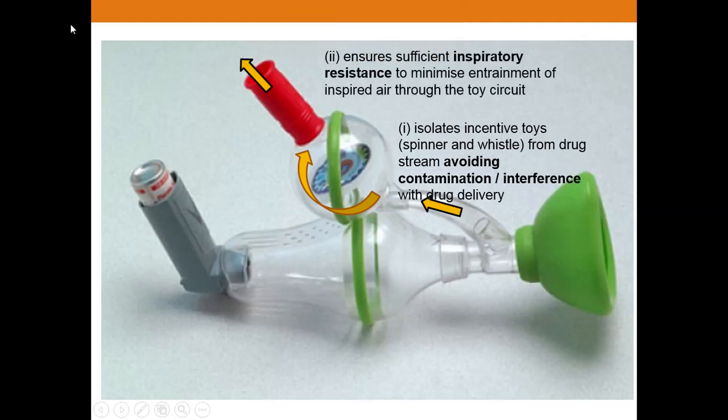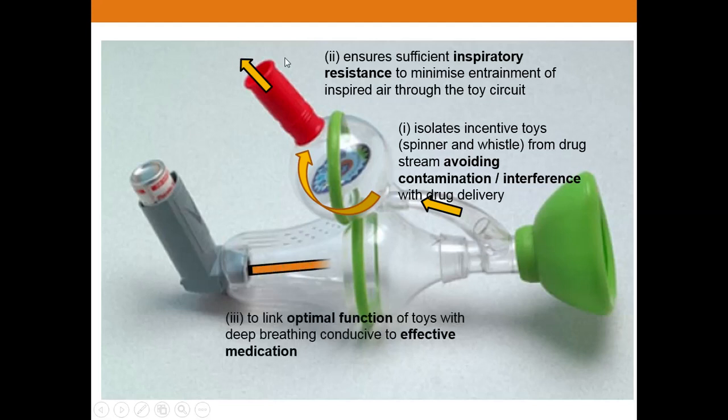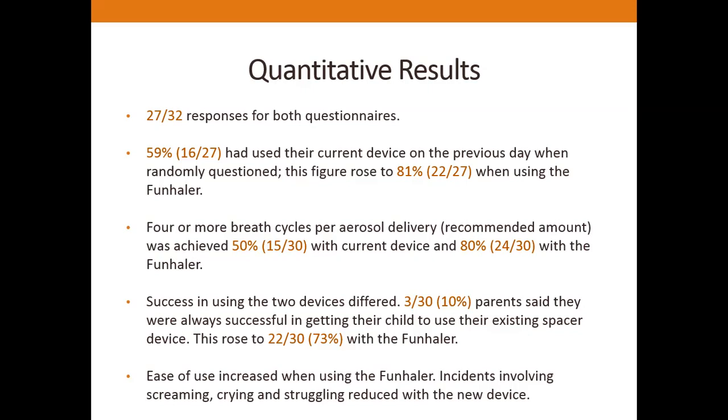It ensures sufficient resistance to minimise inspired air through the toy circuit, so there wasn't air coming in. Like I say, I tried to get them to breathe deeply, so they press this and then they breathe in and out through here, and if they breathe deeply they should get the majority of their medicine.